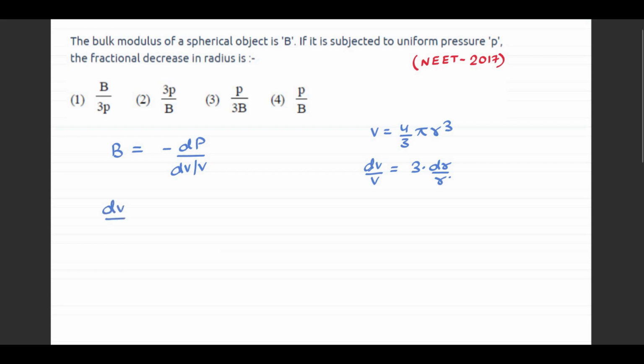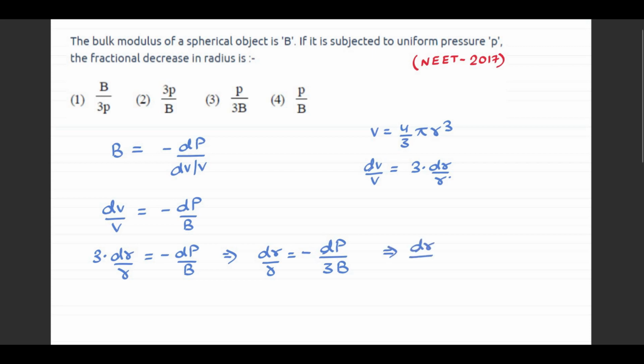Let me rearrange this a little bit. I am substituting dV by V. So dr by r.